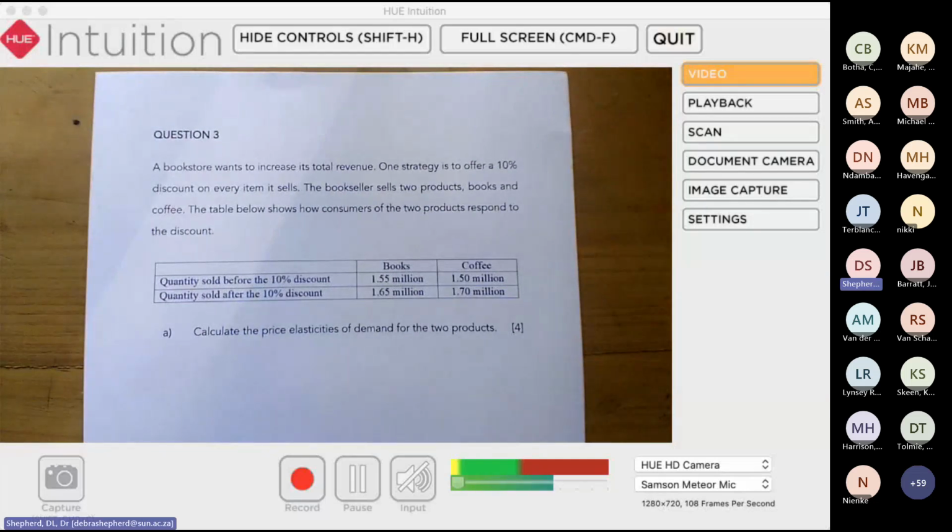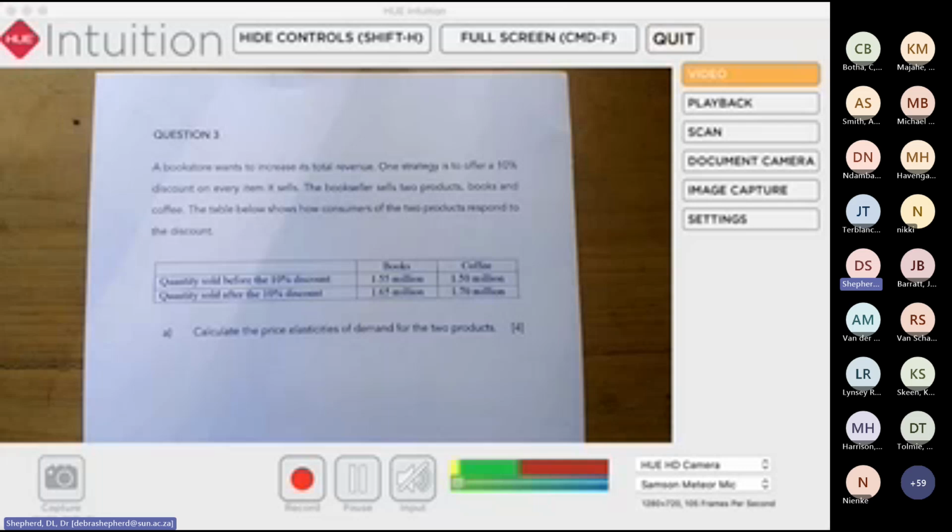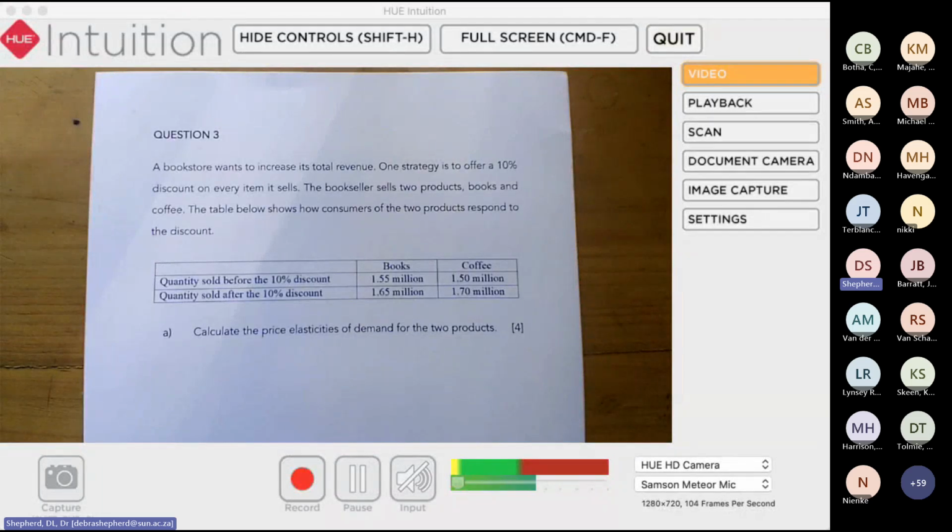So question 3 tells us that there is a bookstore that wants to increase its total revenue. One strategy is to offer a 10% discount on every item it sells. The bookseller sells 2 products, books and coffee. The table below shows how consumers of the 2 products respond to the discounts.